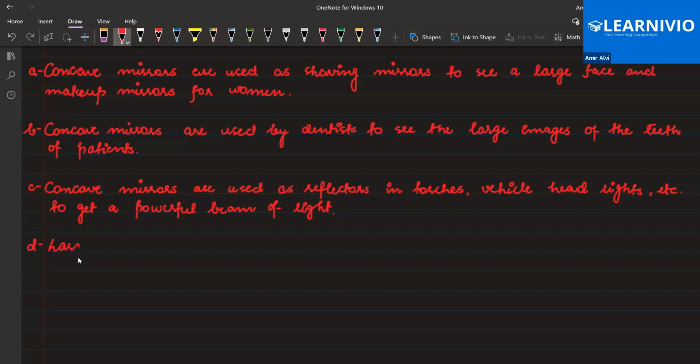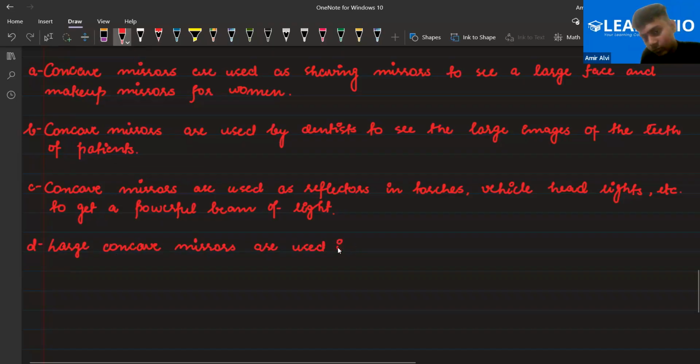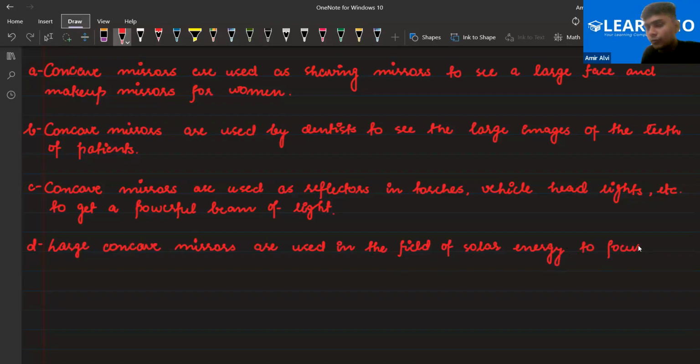So large concave mirrors are used with solar energy to focus sun rays for heating.